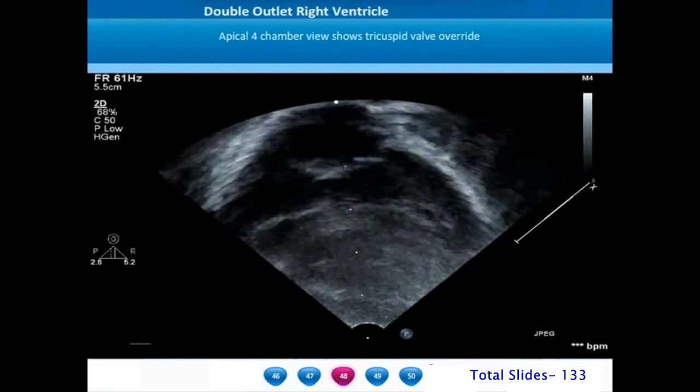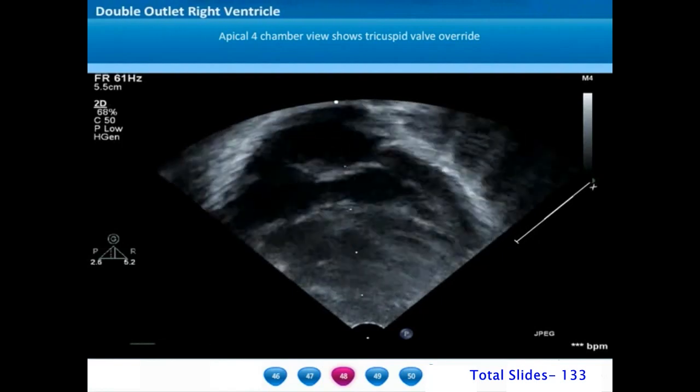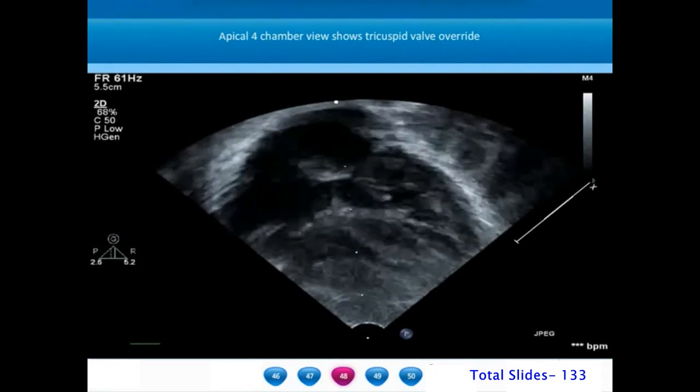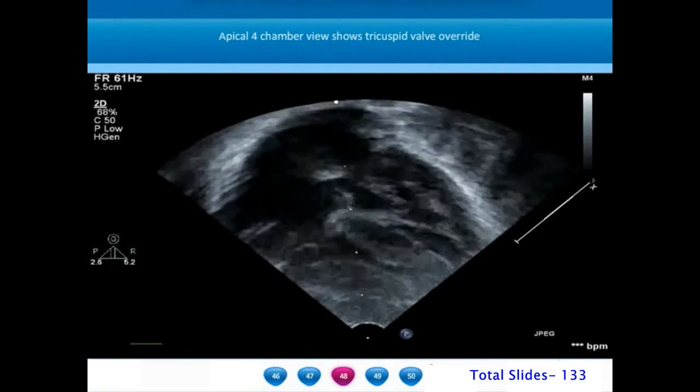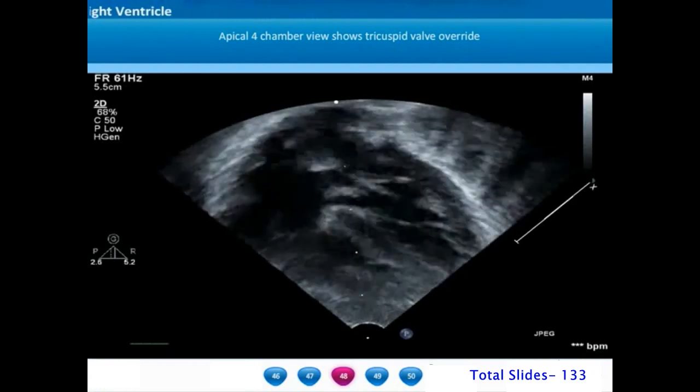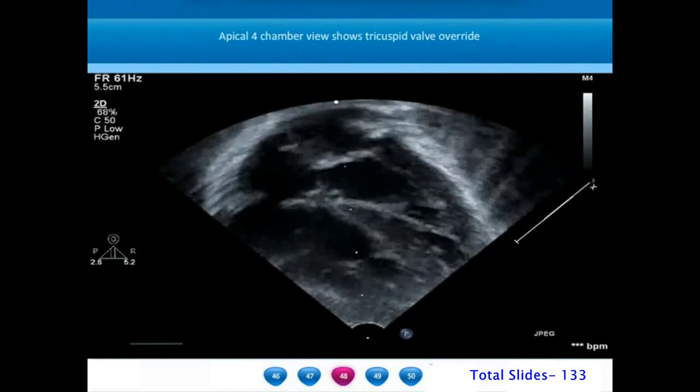If you draw a line along the interventricular septum and take it up to the tricuspid annulus, we can see that about 60 to 70% of the tricuspid annulus is committed towards the right ventricle, but around 30% is committed towards the left ventricle. We can also notice that some of the tricuspid valve chordae are crossing over towards the left ventricle. This is called straddling of the tricuspid valve.